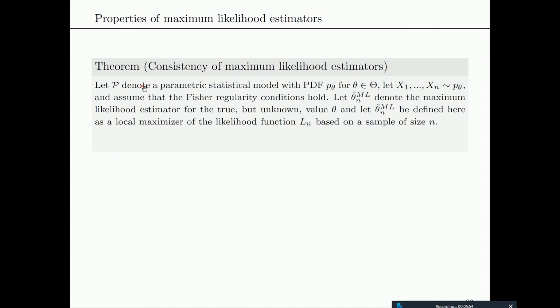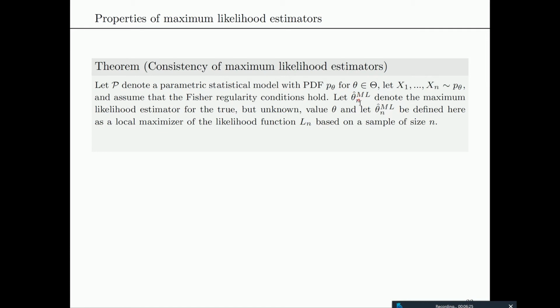We are, of course, in the setting of a parametric statistical model. We have our sample, which is distributed according to this, and we have the maximum likelihood estimator. That's the big difference to the criteria that we discussed previously. When we discussed the criteria, we discussed any estimator, be it derived by guessing, by methods of moments, restricted maximum likelihood, or maximum likelihood. Here we are only looking at the maximum likelihood estimator.